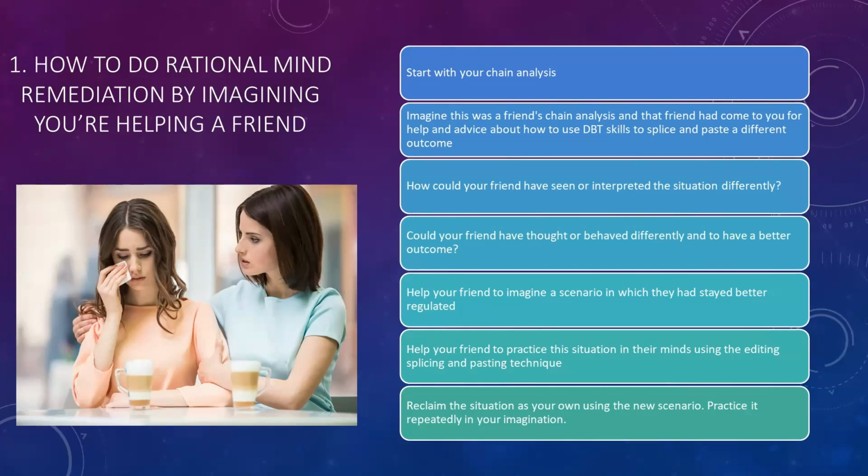Sam wanted to offer her friend concrete suggestions that could be implemented and came up with four. One, start using feeling irritated with people in her diary card. Two, apply the edit, splice, and paste technique to the coming home late incident. Run the mental video of the incident up to the point when she came home after being out with her friends.